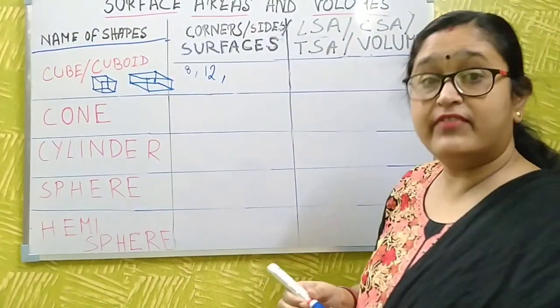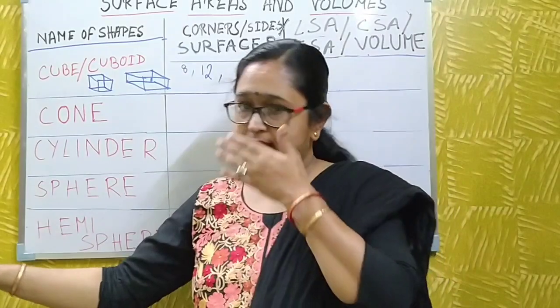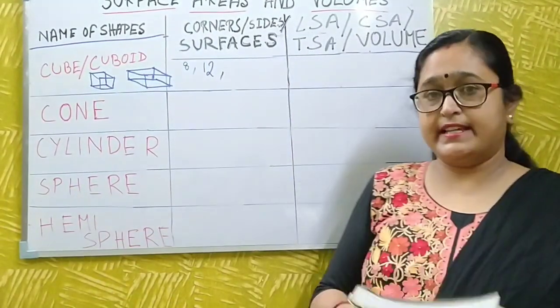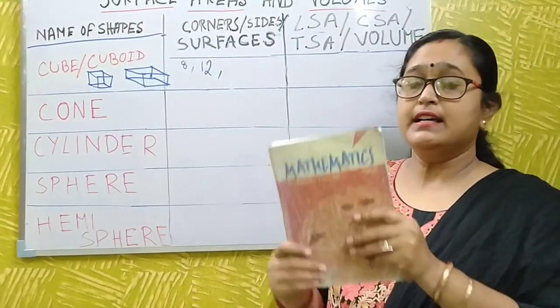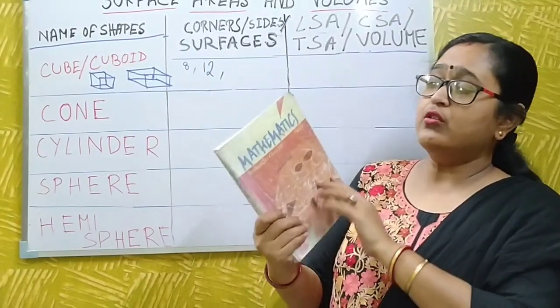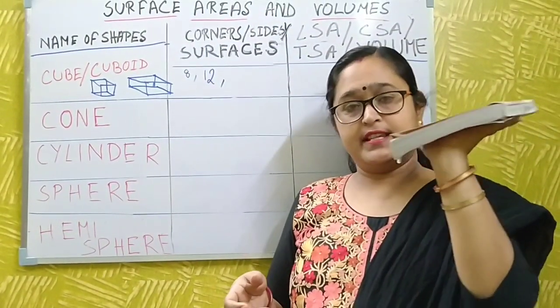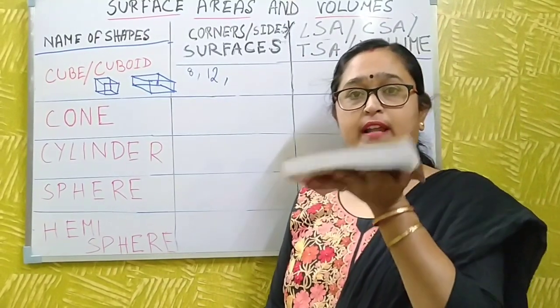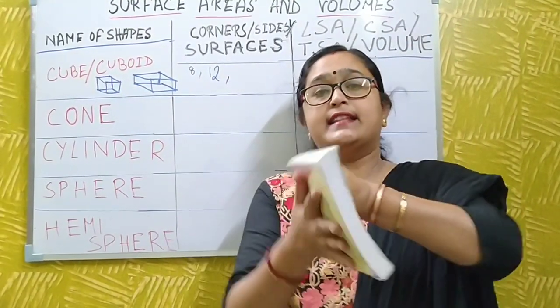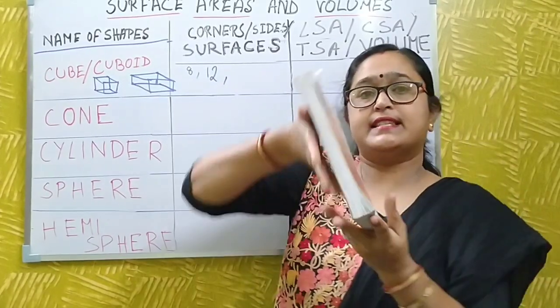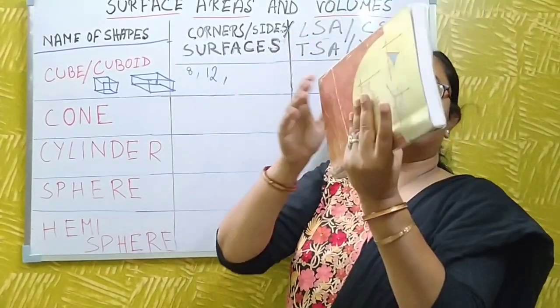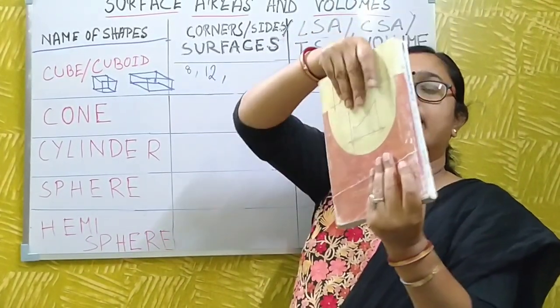Okay, now surfaces. What is a surface? Surface means the space where you hold things. This is called a surface. You can hold this one: this is the first, this is the second, this is the third, then the fourth, fifth and sixth.